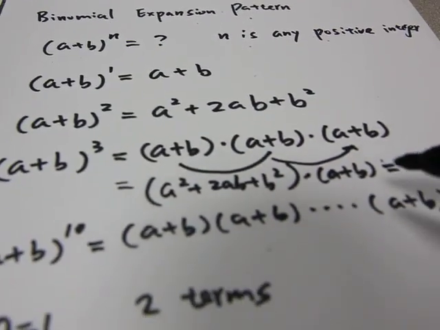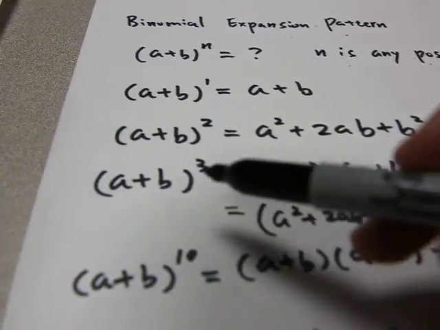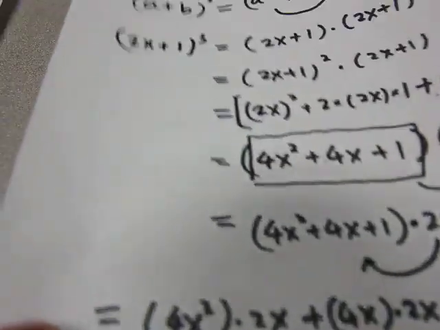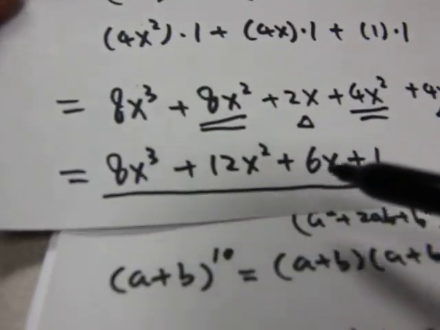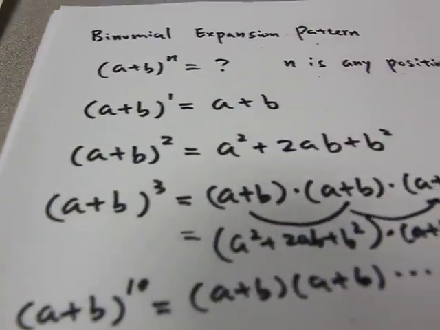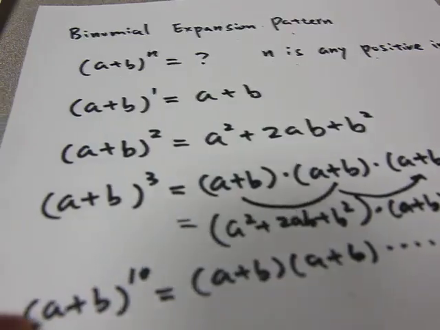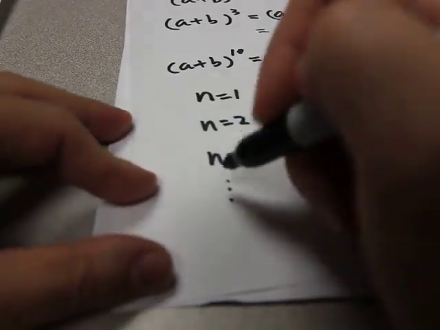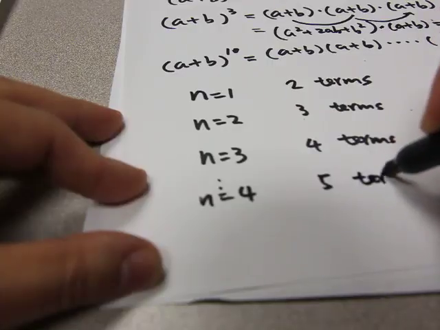And if you remember the answer of my previous video, when the integer is 3, we have 4 terms in the result. So the relationship is that the number of terms in the polynomial is always 1 greater than this integer. So when n equals 4, we should have 5 terms.